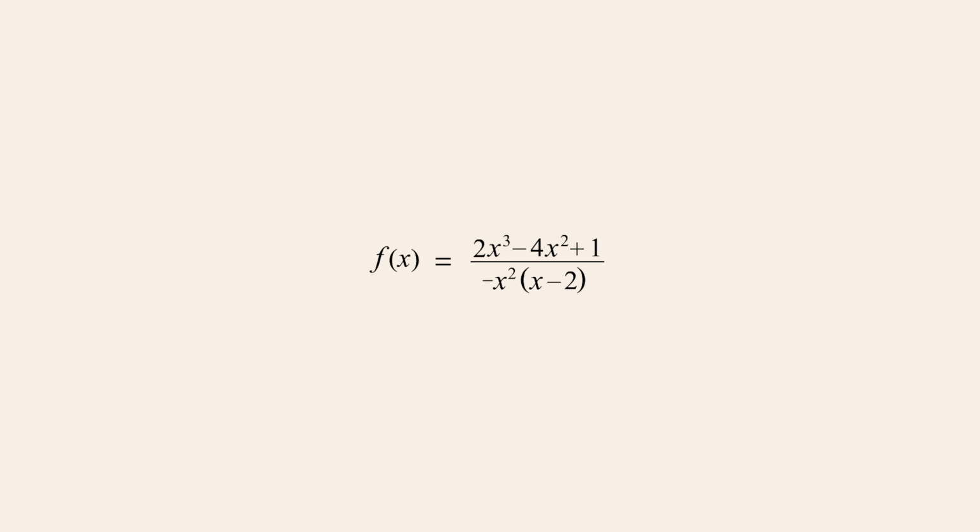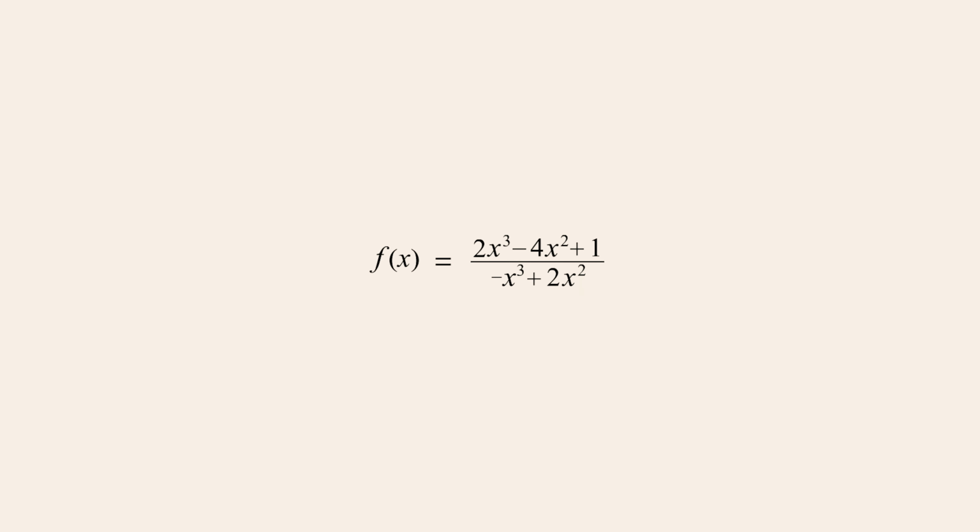We must therefore first put the denominator in standard form by multiplying negative x squared by the expression in parentheses. Multiplying negative x squared times the terms in parentheses, we get negative x squared times x, or negative x cubed, and negative x squared times negative 2, or 2x squared.